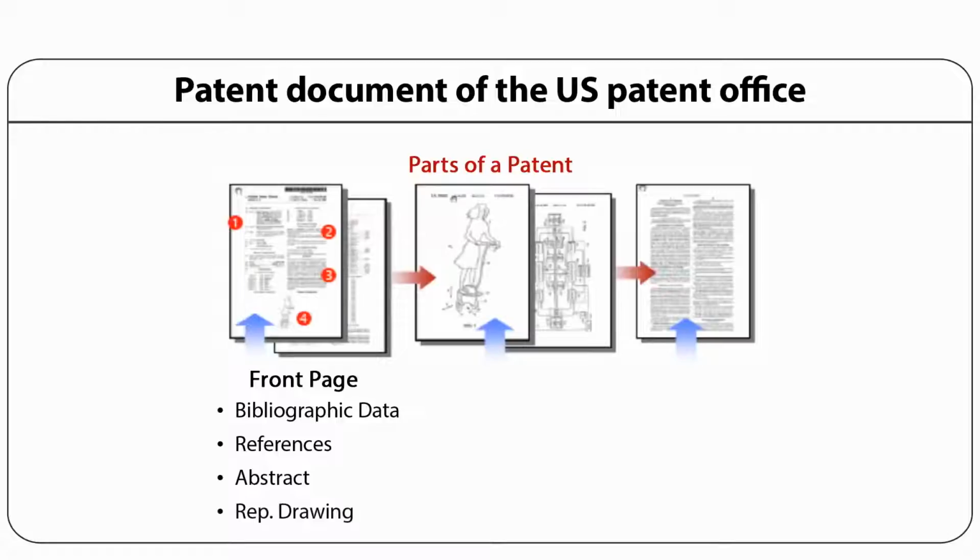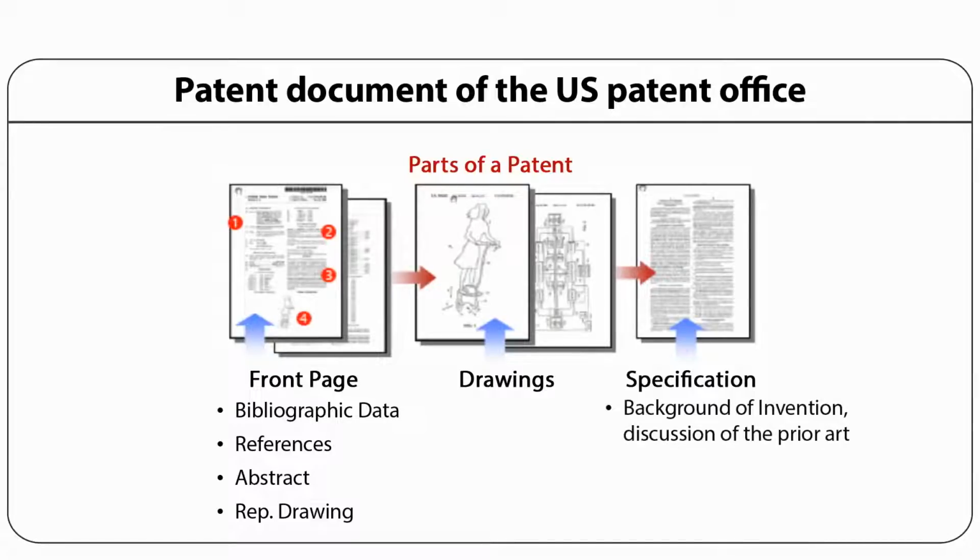Then you have the detailed drawings in some patents, and then you find the specification, which is a techno-legal document. We call it a techno-legal document because it talks of the background of the invention and discusses prior art. Prior art means the references, and how these references have been used by the applicant to demonstrate that his invention is new and an inventive process, and it describes the mode of use.